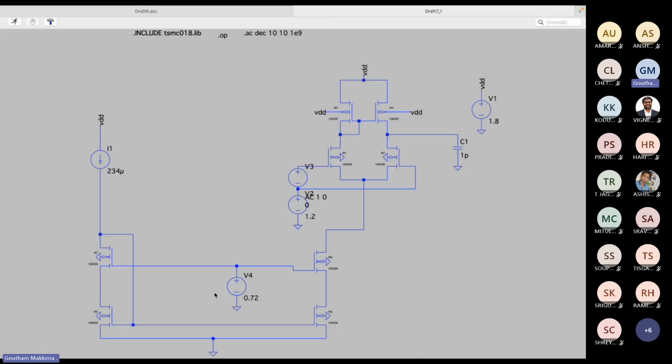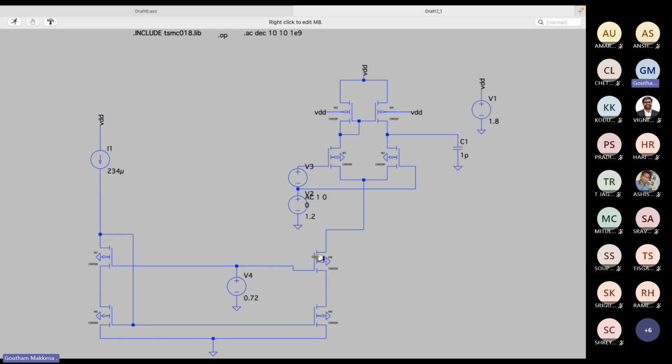And what is this value VG? From the theory, if you remember, I calculated this to be 2 overdrives plus VTH. This value VG should be minimum 2 overdrives plus VTH.